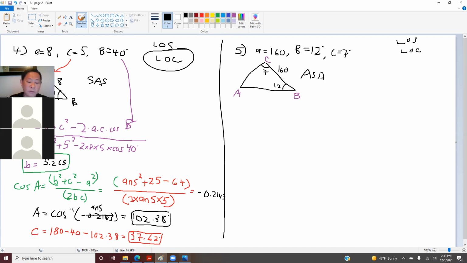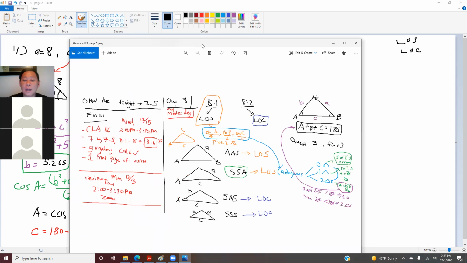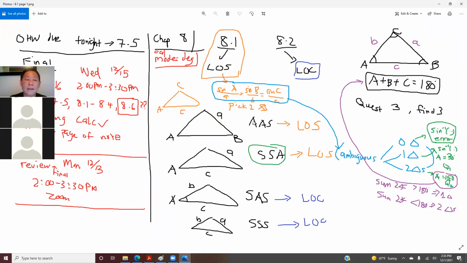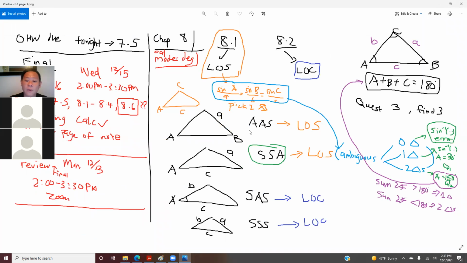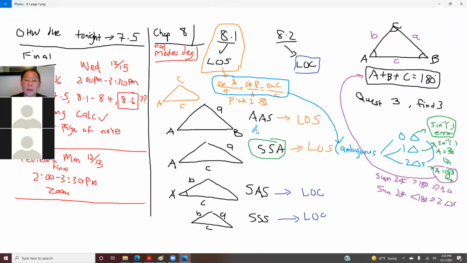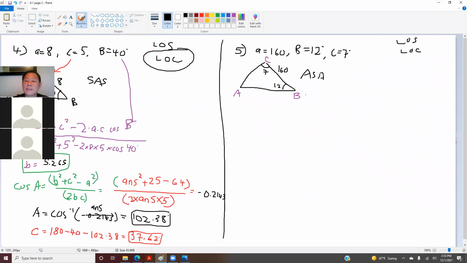So this is angle side angle, and it is still the same. So in this case we will be using law of sine.